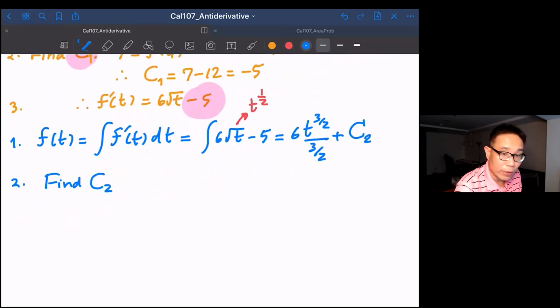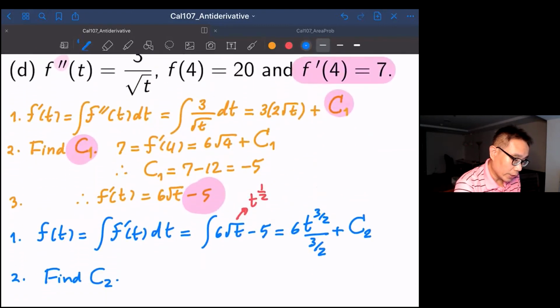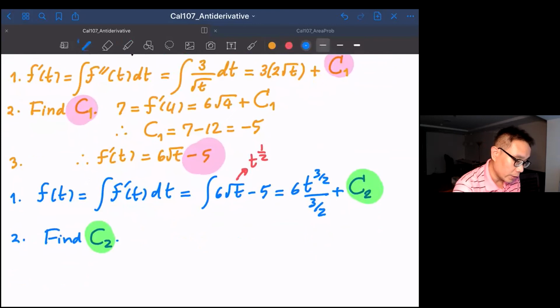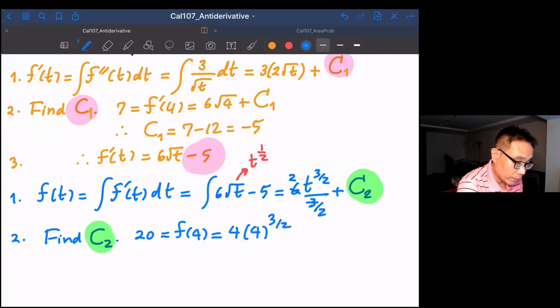To find C2, you're going to use f of 4 equal to 20, the green one. So 20 equals f of 4, the 3 cancels, so you get 2 times 4 to the 3 halves plus C2.